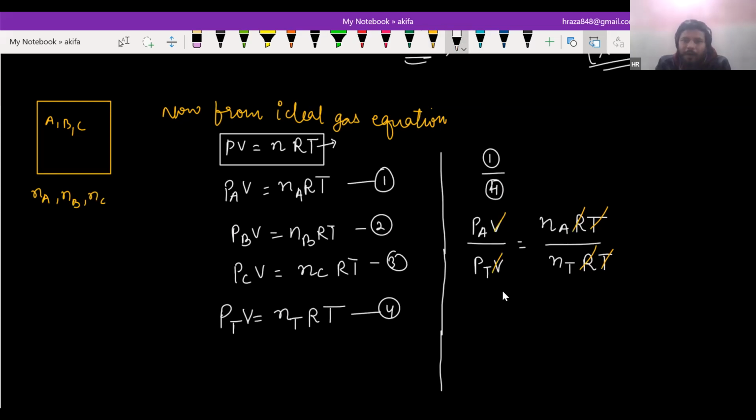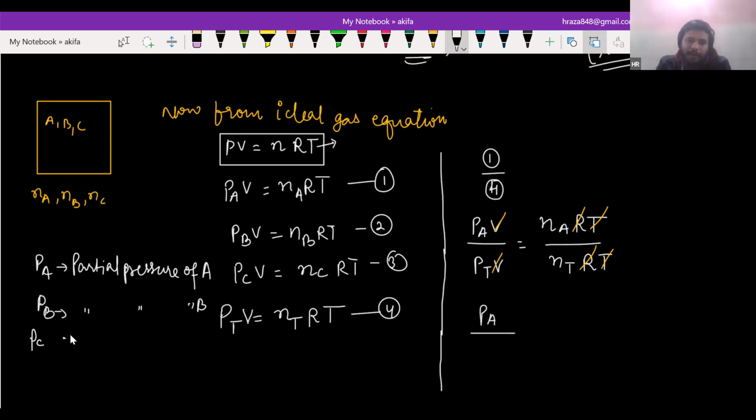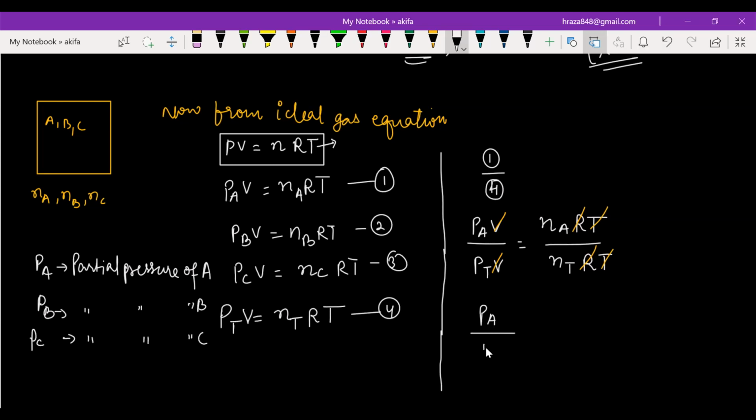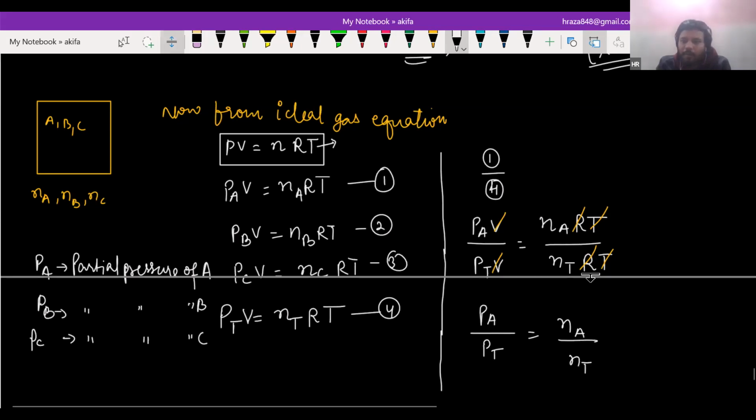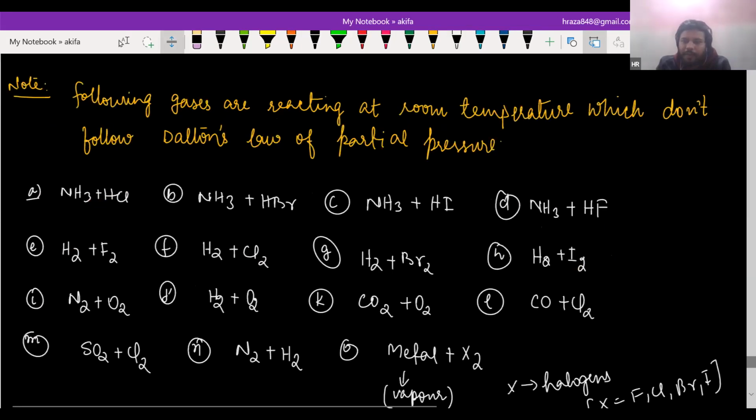Now you will see that PA upon PT. PA represents partial pressure of A, and PB represents partial pressure of B, and PC represents partial pressure of C. Now you will see that PA upon PT will be equal to NA upon NT. And what is NT? NT is total number of moles in the container.